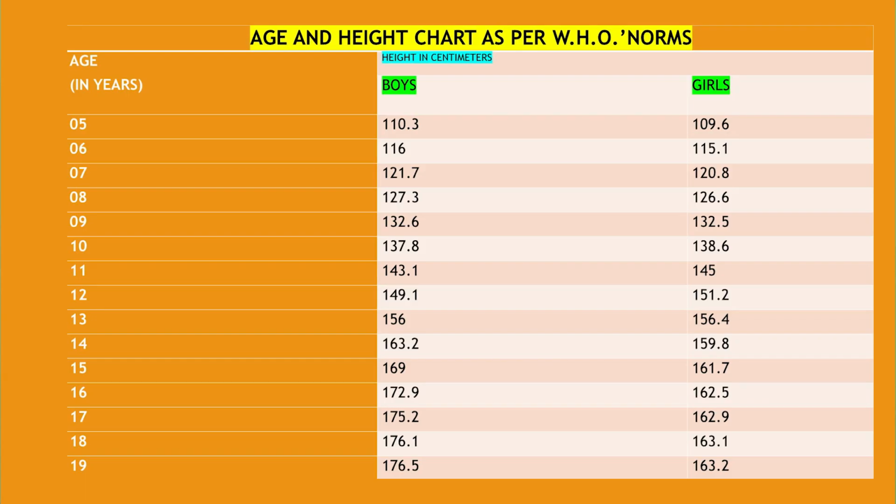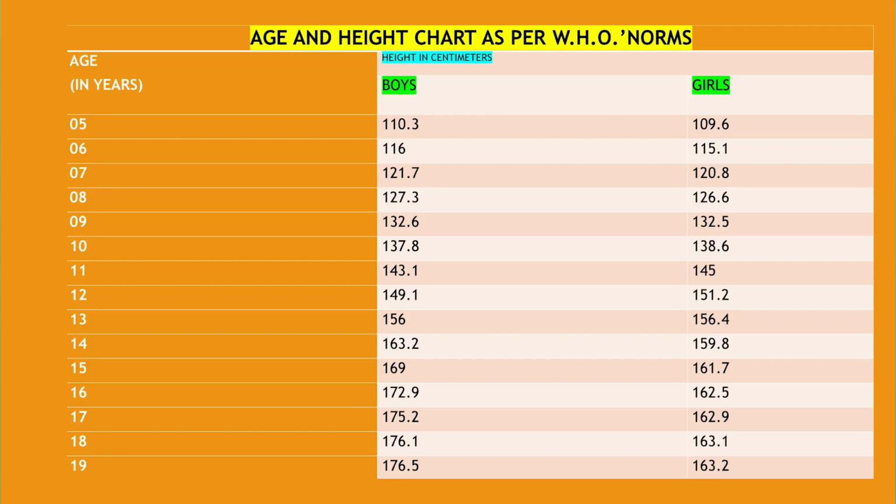The average height for a boy of 9 years is around 132.6 centimeters. This is described in the scale of centimeters, not any other scale. So, it is 132.6 centimeters on average for a boy of about 9 years.